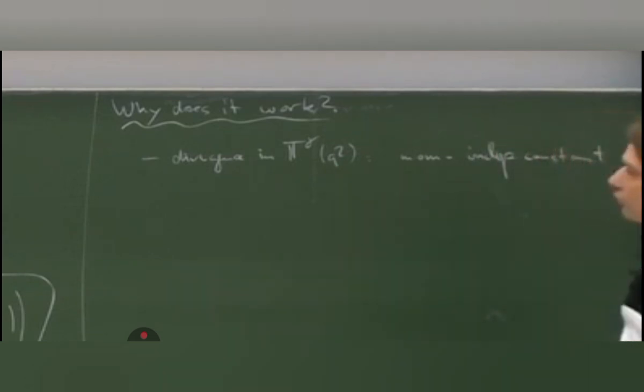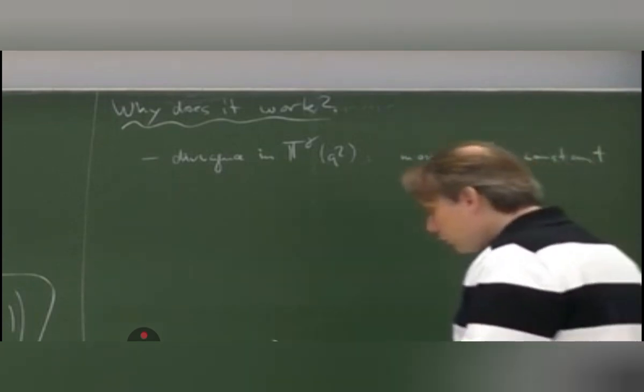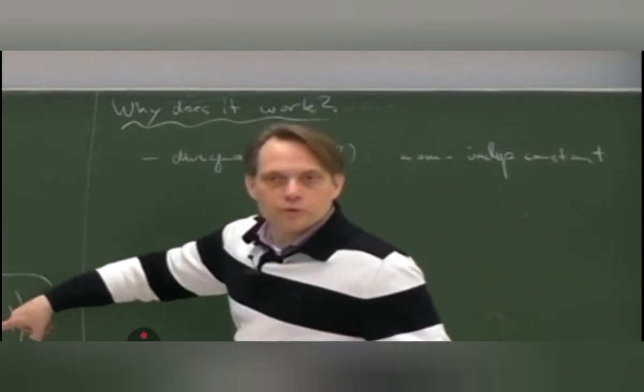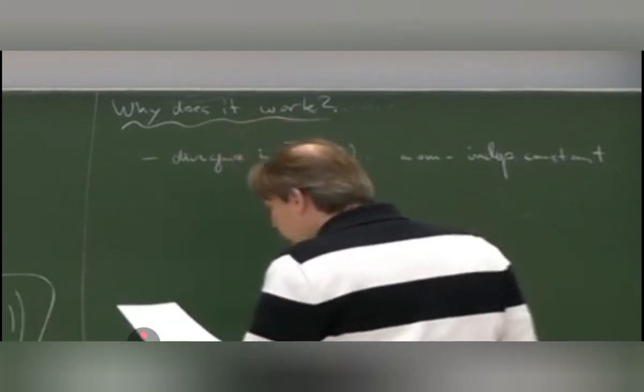So the divergence delta was not depending on any Q square, and that is the reason that for all observables, for all Q square, the divergence drops out simultaneously.